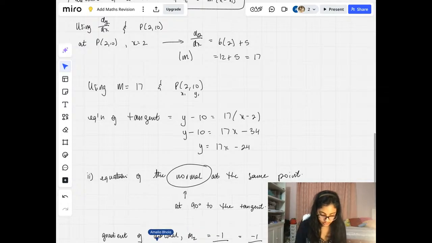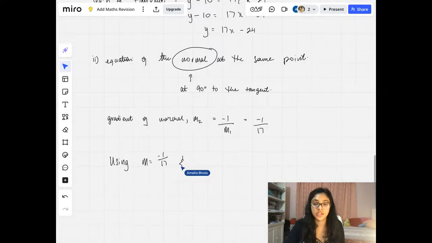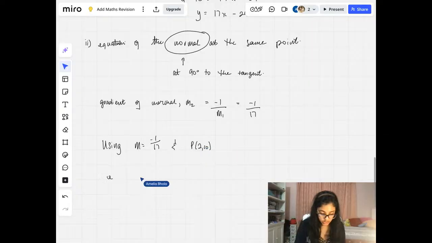Now I'm going to say, using this new gradient, oh, hold on, screen cut off. I'm using the new gradient that I got, and I'm going to use the same point to calculate the equation of the normal, sorry.